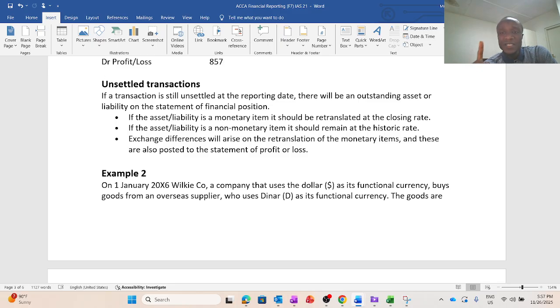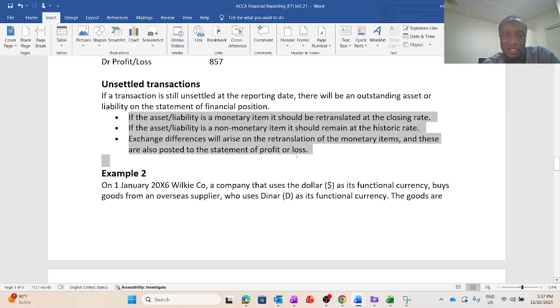There will be an outstanding asset or liability on the statement of financial position that we are going to retranslate. If we have an outstanding balance, whether it is an asset or liability, we are going to retranslate it at the reporting date if it is a monetary item. This is a concept that you need to know. Let me highlight it for you.